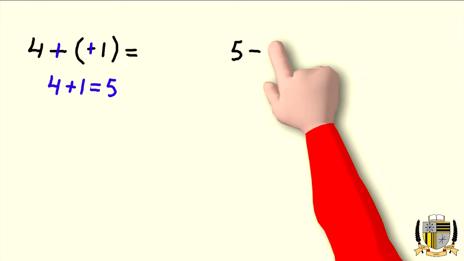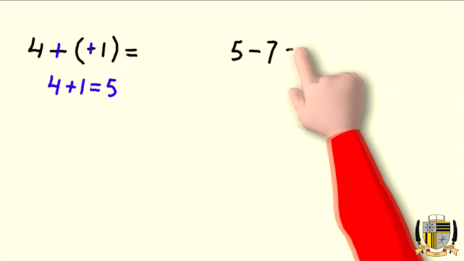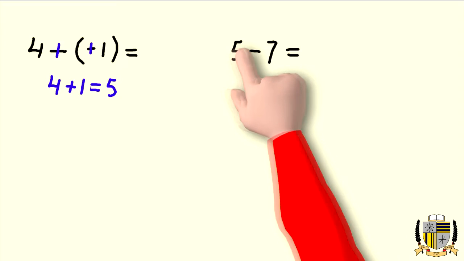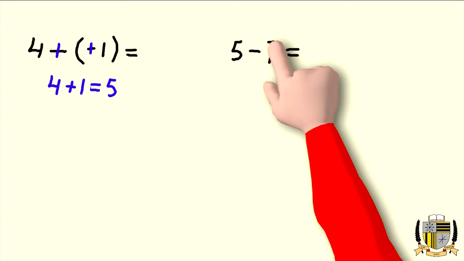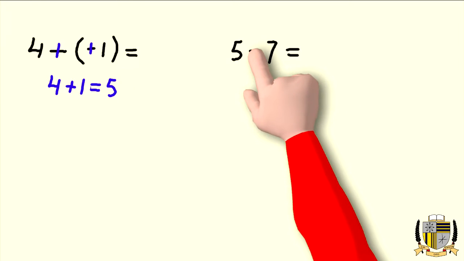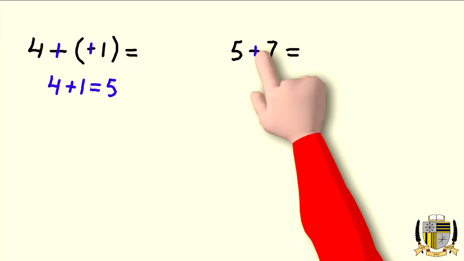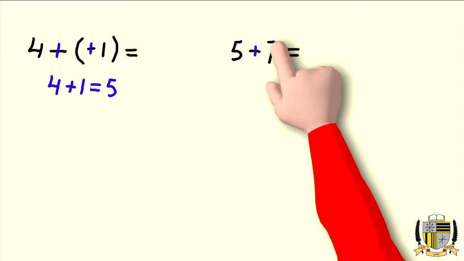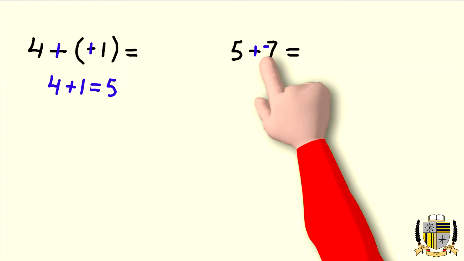A 5 minus 7, what does that equal? Now we can look at this and say it's a +5 minus a +7, right? So we're going to change the signs. So this is going to be now a plus, and this, remember, is a +7. Now you can call it a -7.